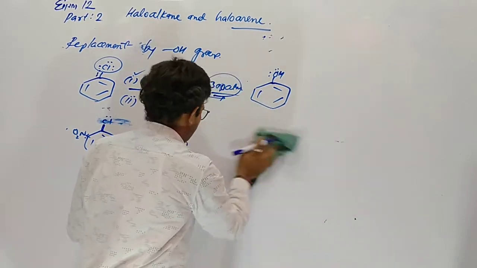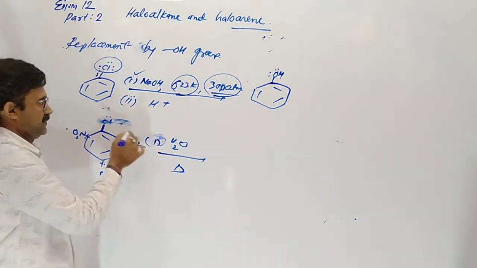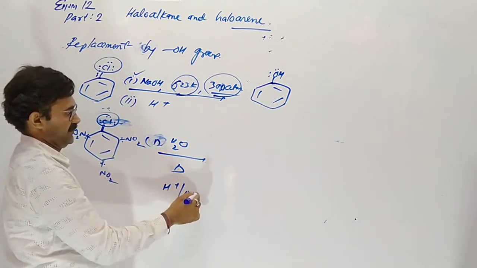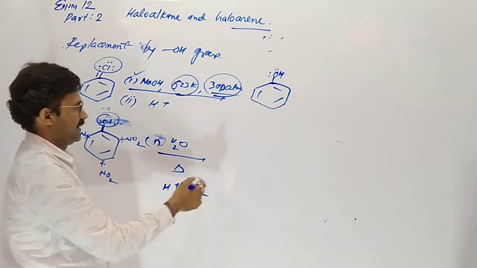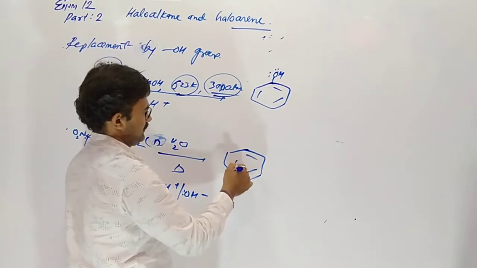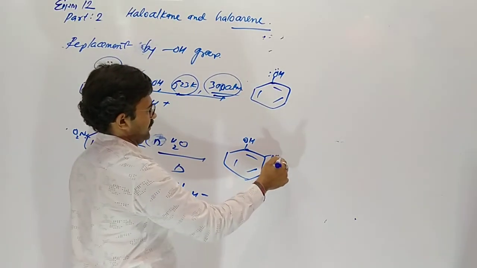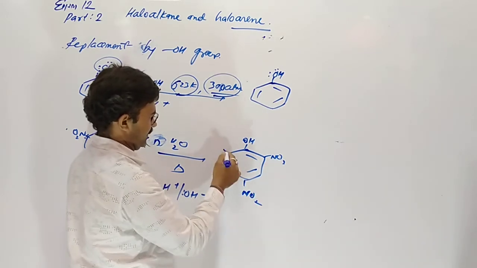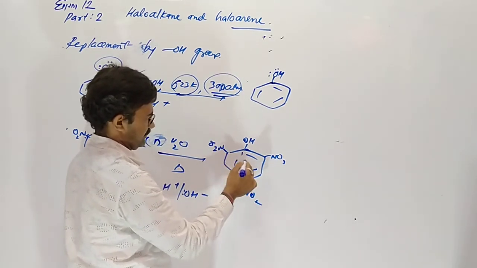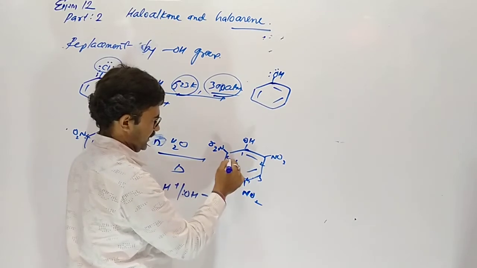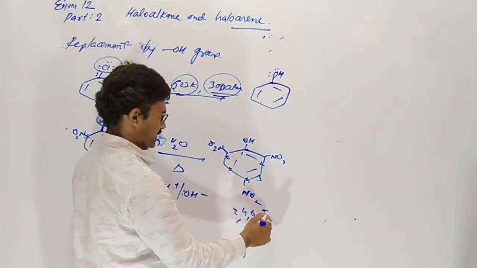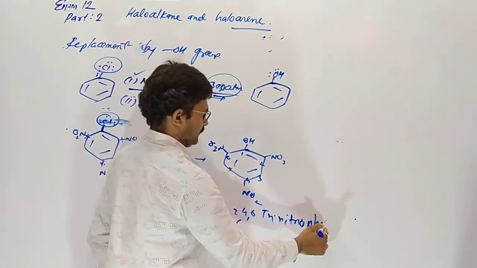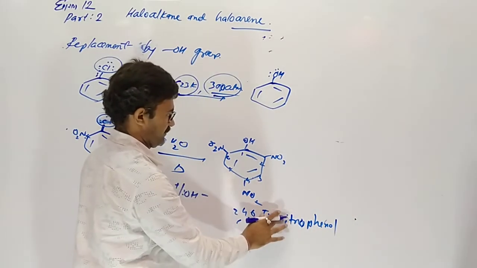Only water replaces chlorine. Yes, H plus and OH minus. OH combines here at room temperature, in very mild condition, no need of NaOH. 2, 4, 6-trinitrophenol occurs.